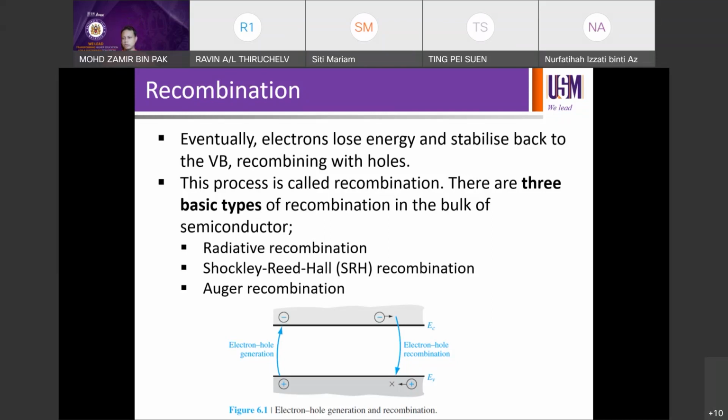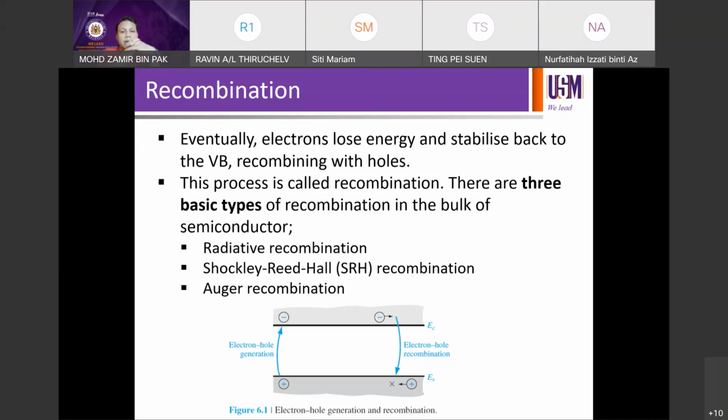For example, if you are given gallium arsenide with a perfect lattice and lightly doped, then the recombination mode will be radiative and just radiative.